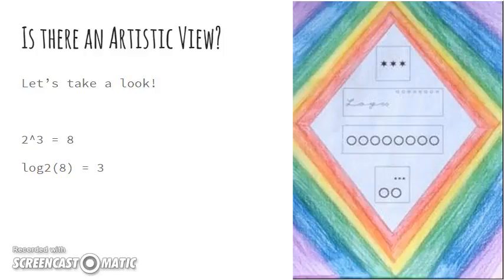But we don't know that it's 2 to the third right now. The purpose of logarithms is to find the base and which exponent will make the base turn into the number in parentheses. So in this case, it's 3. So in the top square, there are 3 stars because 2 to the third power is 8, and that is the answer to the logarithm equation.